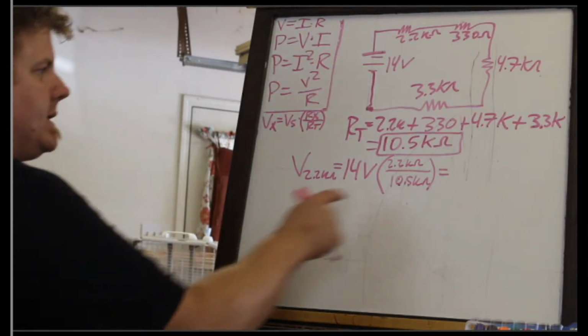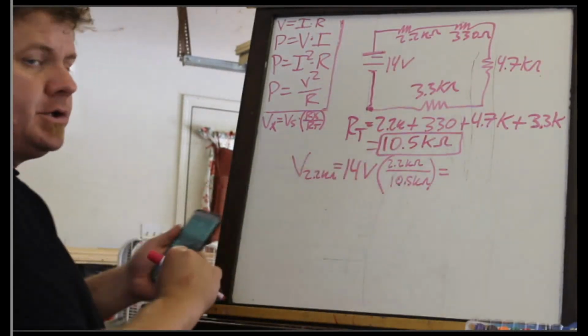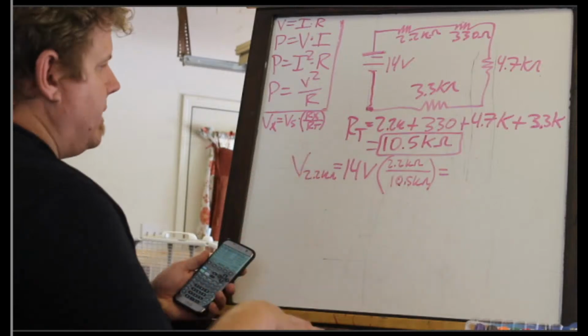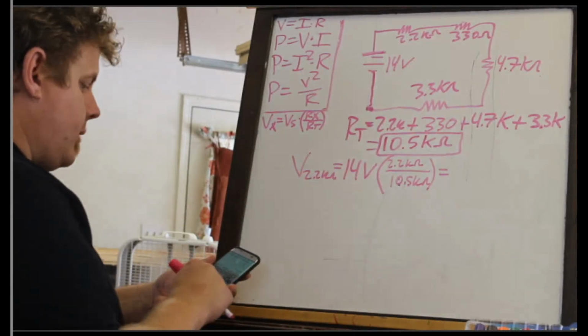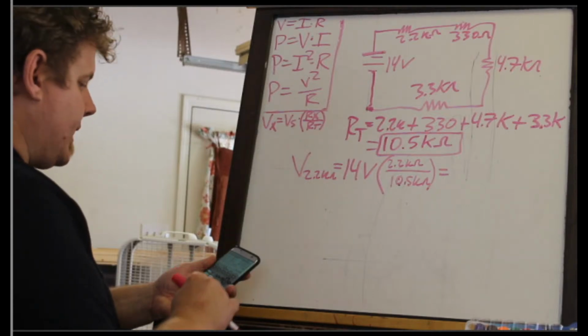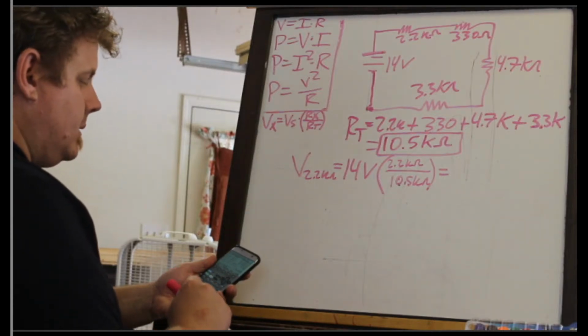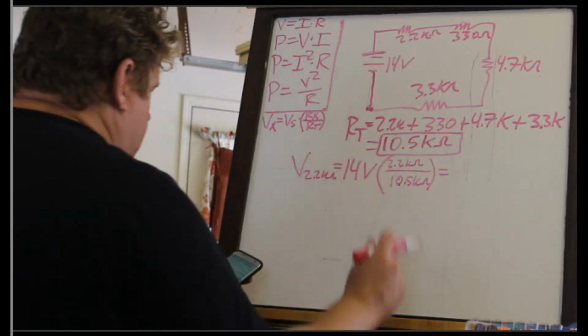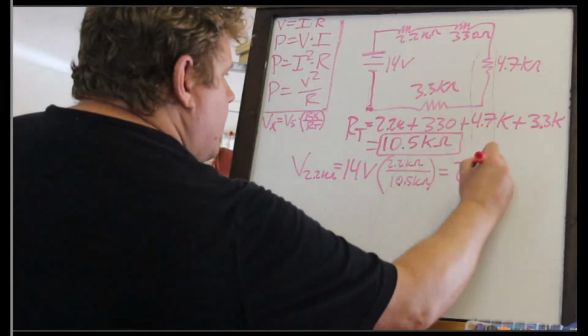And you might notice that these are both in kilo ohms, and so you shouldn't have to worry about the exponent when you type it in. You should just be able to do 2.2 over 10.5. But if that's confusing, just do it with the kilo ohms. So I get 2.93 repeating volts.